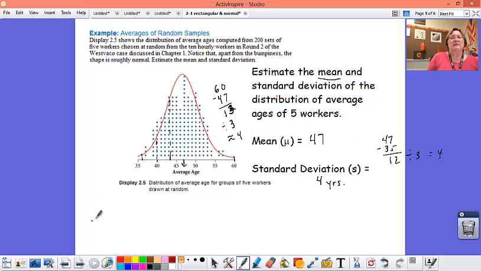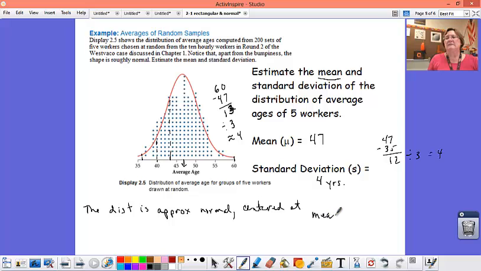So when we're talking about the normal curve, a summary sentence should include the normal shape: the distribution is shaped normally, or is approximately normal. In this case, it's not exact. Centered at, and what we're going to put in there is the mean for a normal curve, okay?